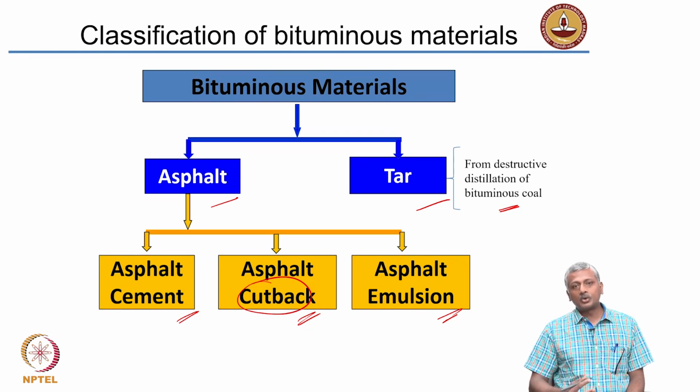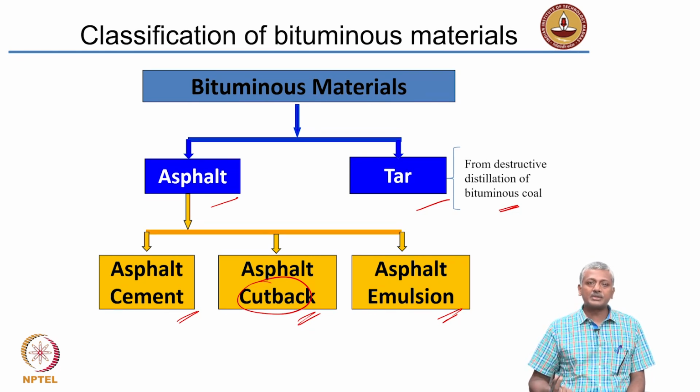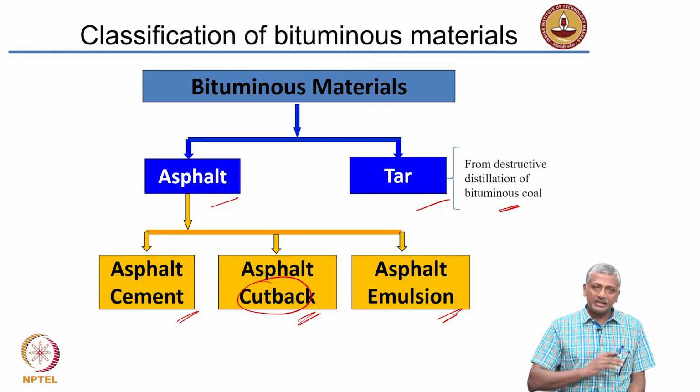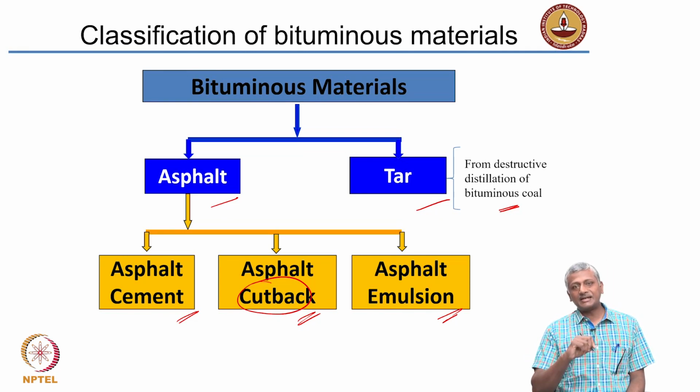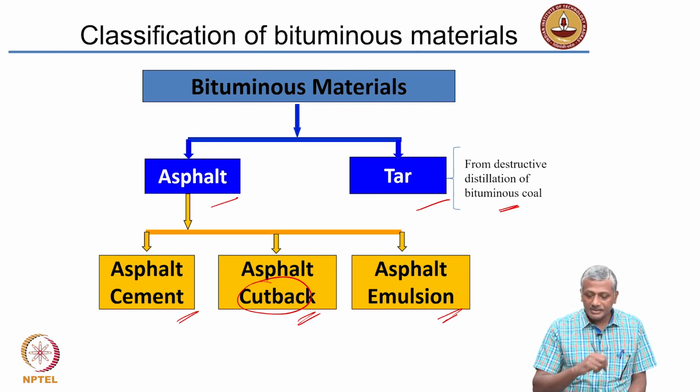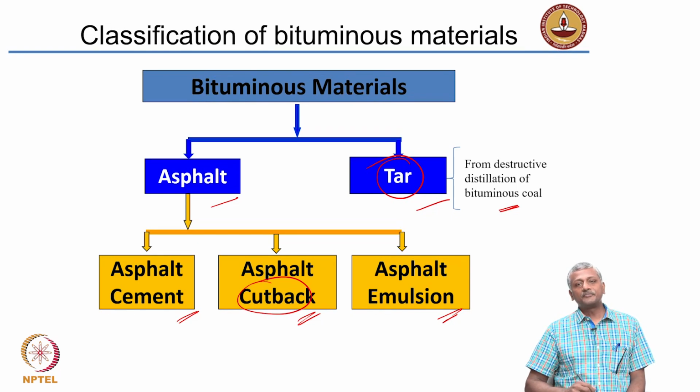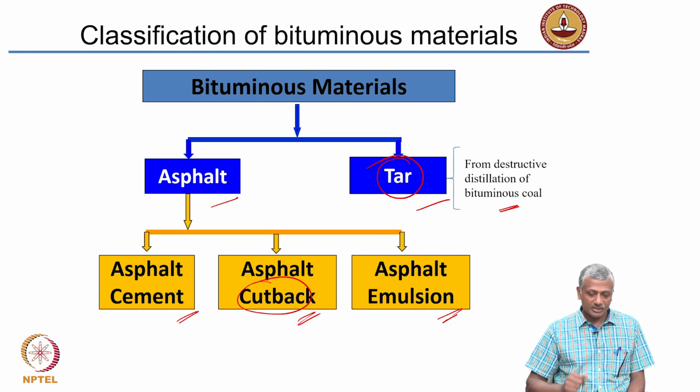And that petrol will start dissolving out some of the asphalt, and that may not be a good thing for your road surface. So, you want to actually give a treatment on the road surface with a material that will not get dissolved by the organic solvent. And what material would that be? In this case, of course, we can use tar as a sealing layer on the surface that protects the road surface from getting damaged by the action of organic solvents. Okay, we'll touch upon that later also.